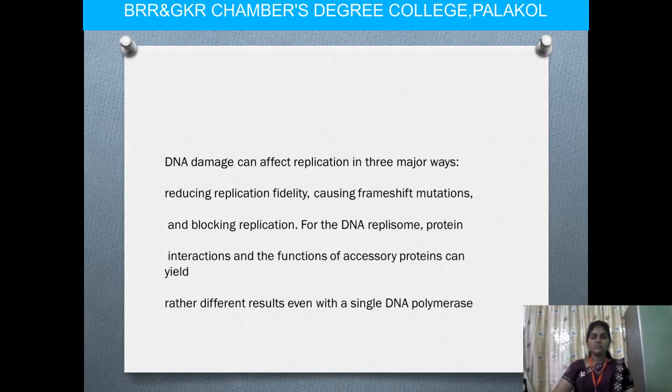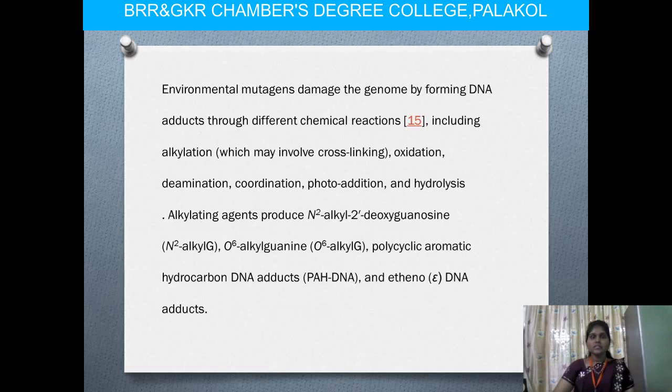Due to this, the characteristics of an organism will be changed, and it also blocks some of the replication process. So these three are the ways the replication process is damaged by mutagenesis.